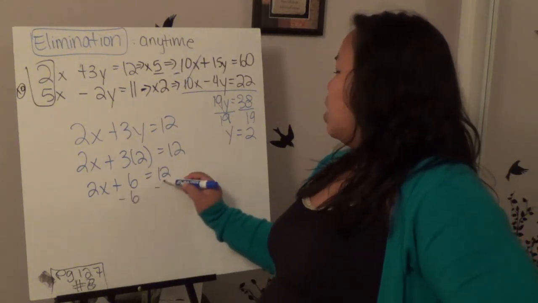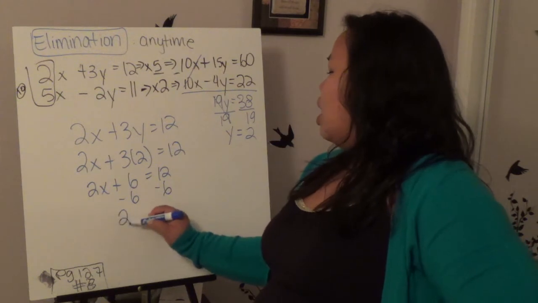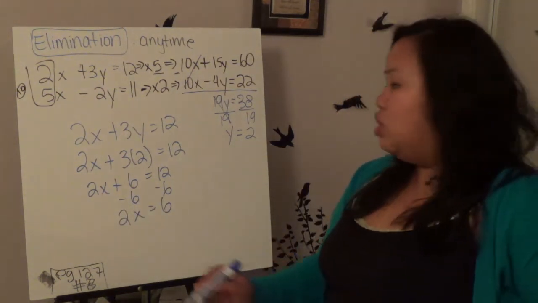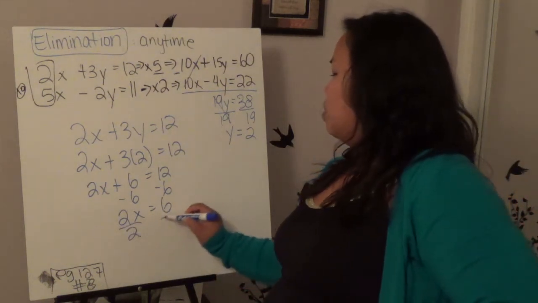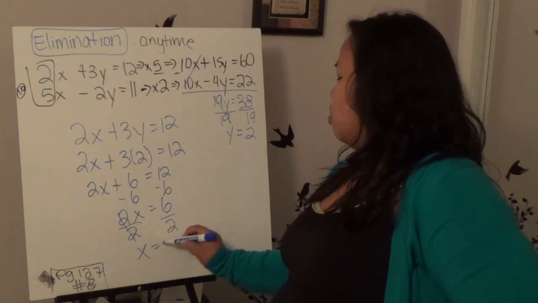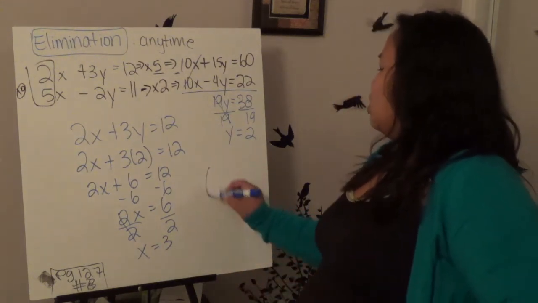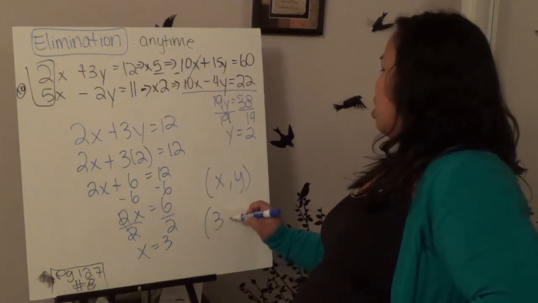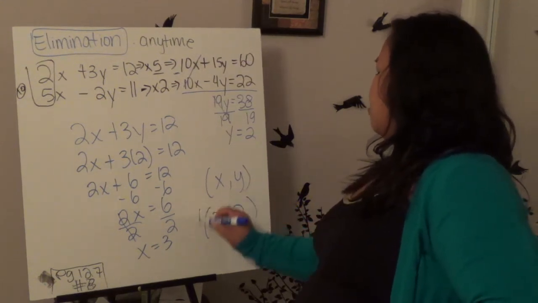And then I'm going to subtract 6 on both sides. I end up with 2x equals 6. And my final step is to do what? Divide both sides by 2. I end up with x equals 3. So my answer is x comma y, which is 3 comma 2.